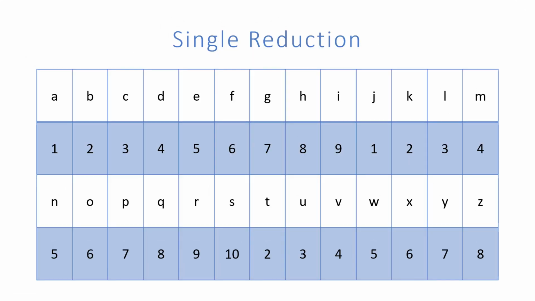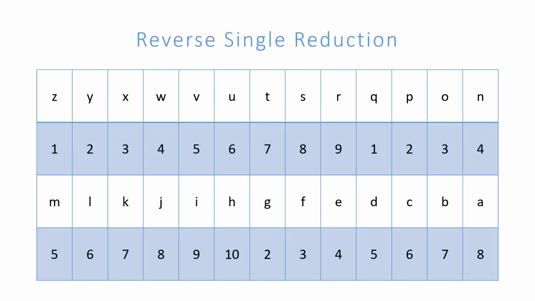To clear the confusion, the alternative name for full reduction is Pythagorean order. In reverse single reduction, same is applied, but this time to the letter H, because it is the 19th letter in the reverse alphabetic order, which is reduced as 1 plus 9 equals 10.